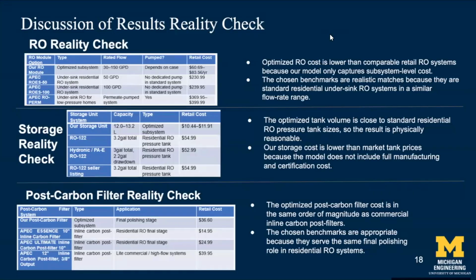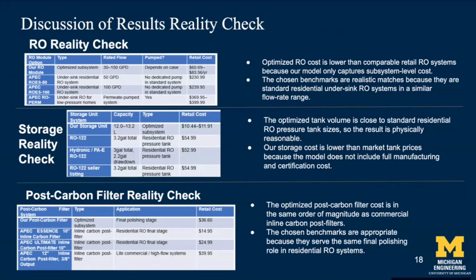For the reality check, we compared each optimized subsystem with similar commercial products. For the RO module, our optimized cost is lower than comparable retail RO systems because our model only includes subsystem level costs.